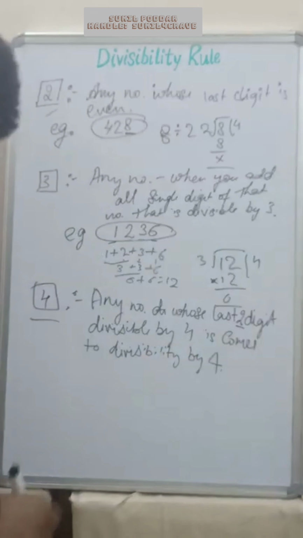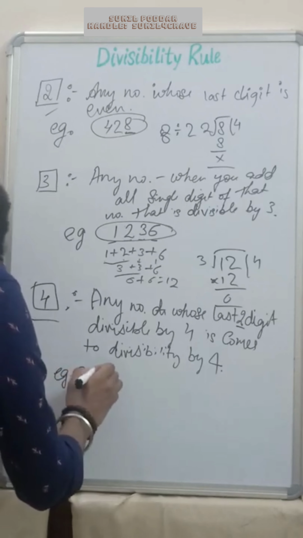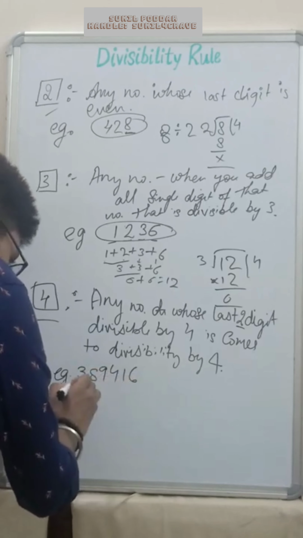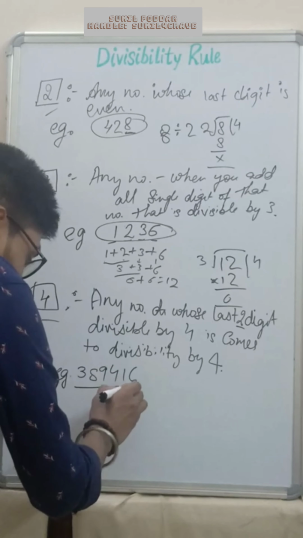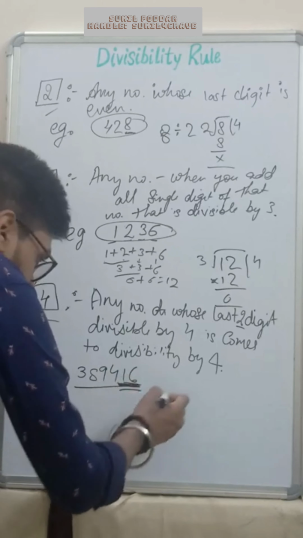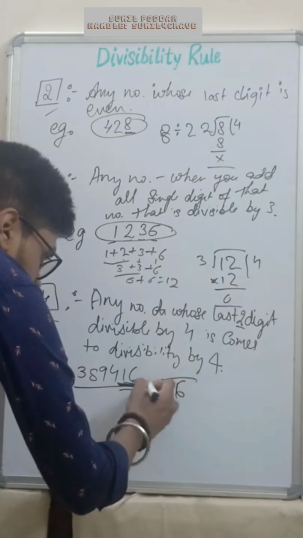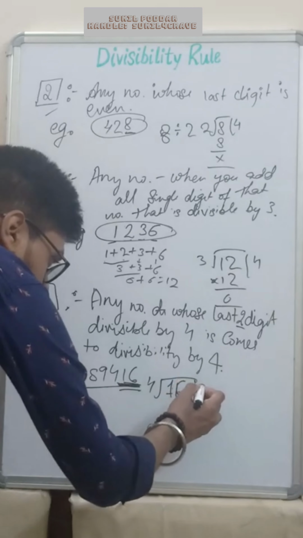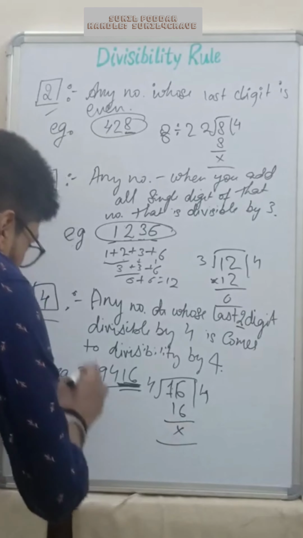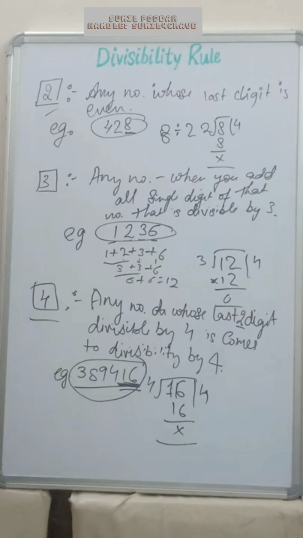Let's take an example. This is the number. We have to see the last two digits, which are 16. So 16 is divisible by 4, since 4 fours are 16. So this number is divisible by 4.